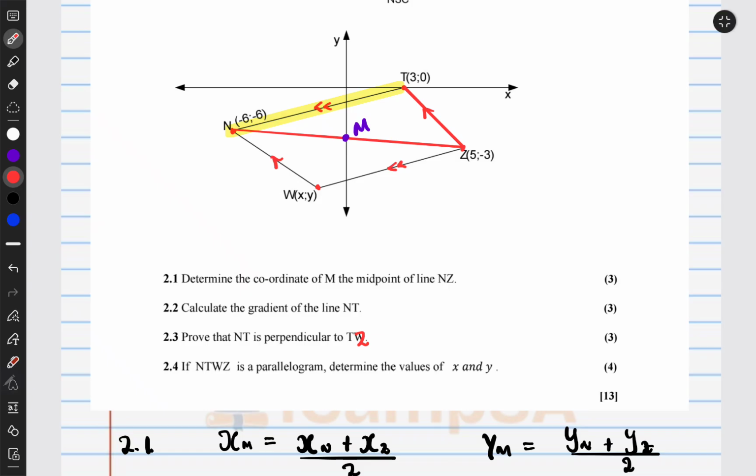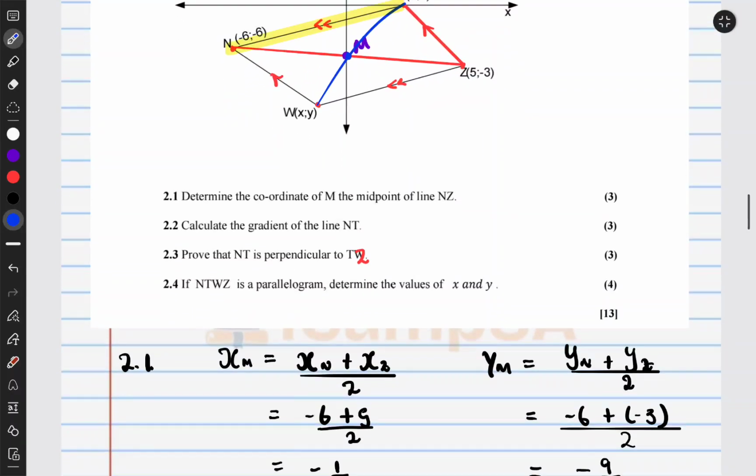What we know about a parallelogram is that the diagonals of a parallelogram bisect, meaning that the midpoint of NZ will be the same as the midpoint of TW. So we can utilize that understanding in order to calculate the values of x and y, which are the coordinates of W.